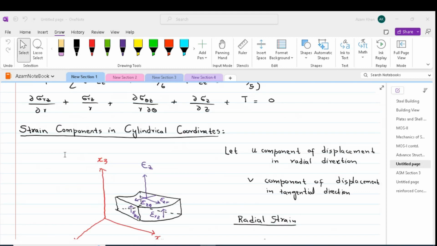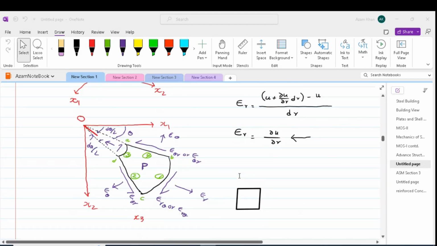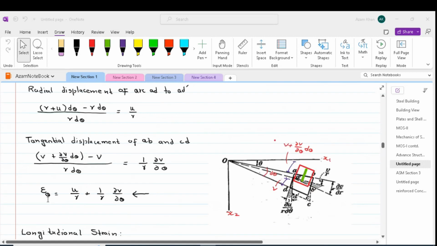We also discussed the strain components in cylindrical coordinates. The radial strain was worked out as partial u by partial r, where u is the displacement in the r direction. The tangential strain was worked out as u by r plus 1 by r partial v by partial theta, where v was the displacement in the circumferential direction.